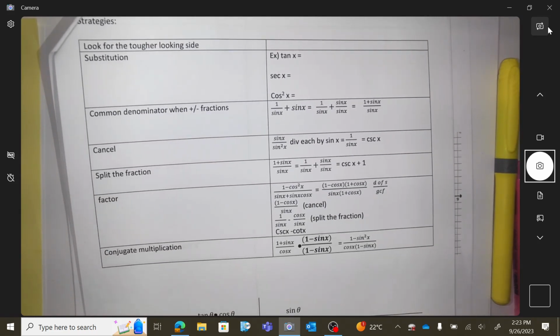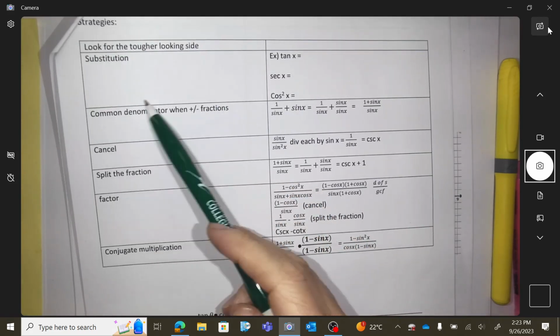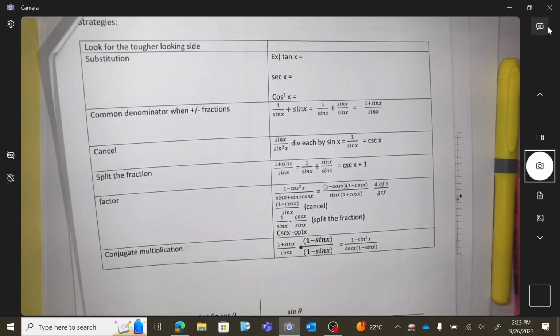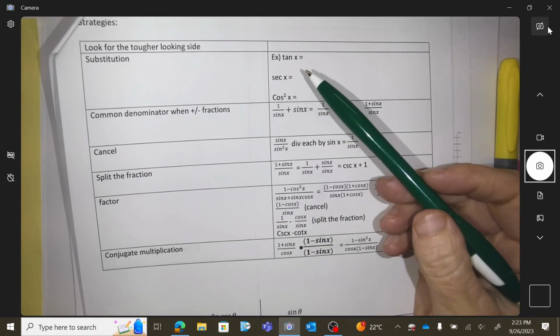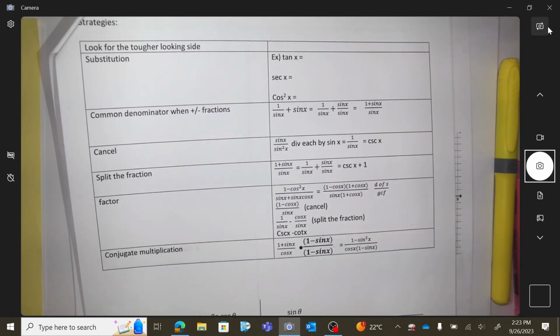Okay, so this table is some guidance on steps to look for. Step 1: when you're trying to prove two equations, you can use substitution. So here are some examples. If I ever had a tan x, what could you substitute in to replace tangent?